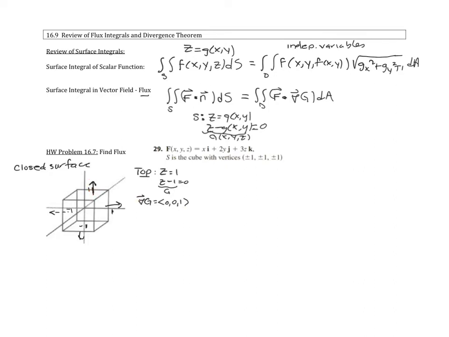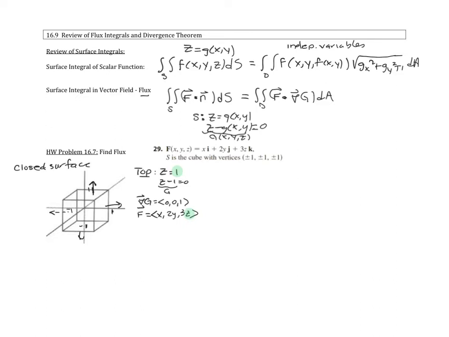We take our F and we put F in terms of the independent variables. So in this case, you can't have the z here. So we put in our surface. Our surface is z equals 1 here. That will go here.